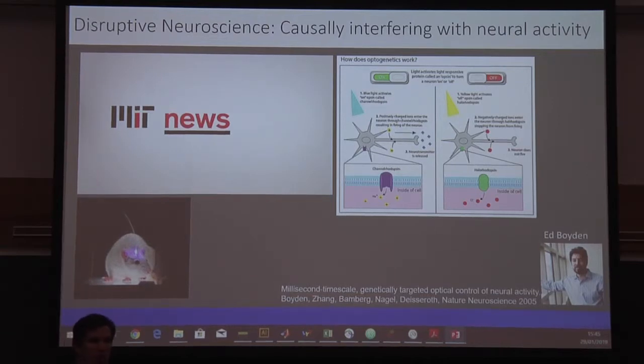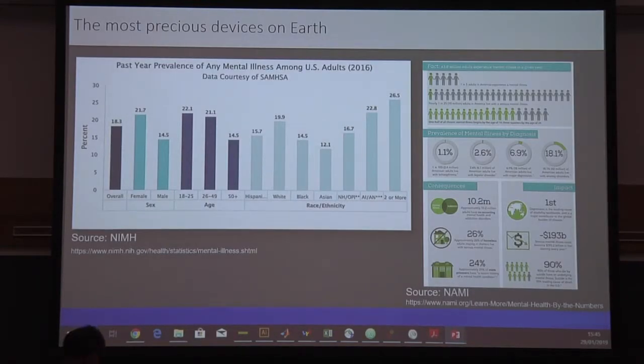So this is now being used to be able to silence specific circuits of neurons at specific times in a reversible manner, and also to potentially activate specific neurons. You could imagine what some people refer to as playing the piano, activating particular patterns of neurons in the circuit.